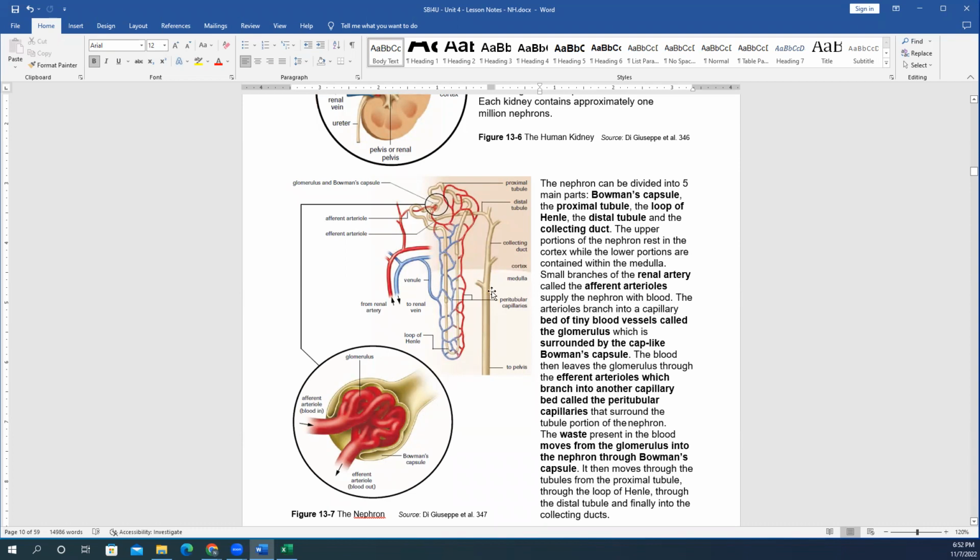And these peritubular capillaries actually surround the tubule portion of the nephrons down here, the loop of Henle, as well as the distal tubule and the proximal tubule. You can see this network, this capillary bed that is just meshed all around them.